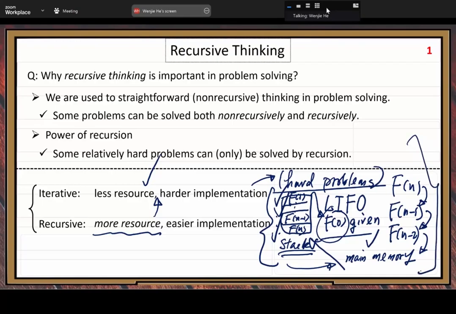Because your stack to implement recursion is too deep, and it is larger than your available memory resource, you get overflow. It's a runtime error, and then your program terminates immediately.